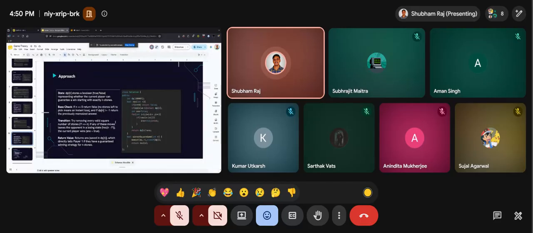You can clearly see here in the code, starting from 1 and going up to n, and checking if any move is present that pushes our opponent to a losing state, then we'll pick that move. So we are going to win this.